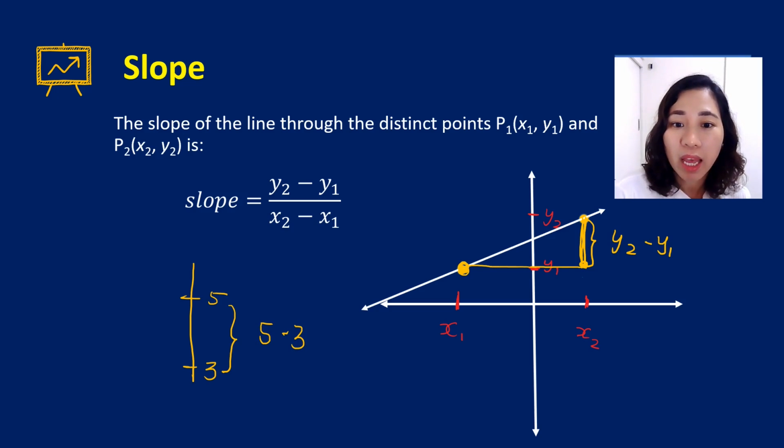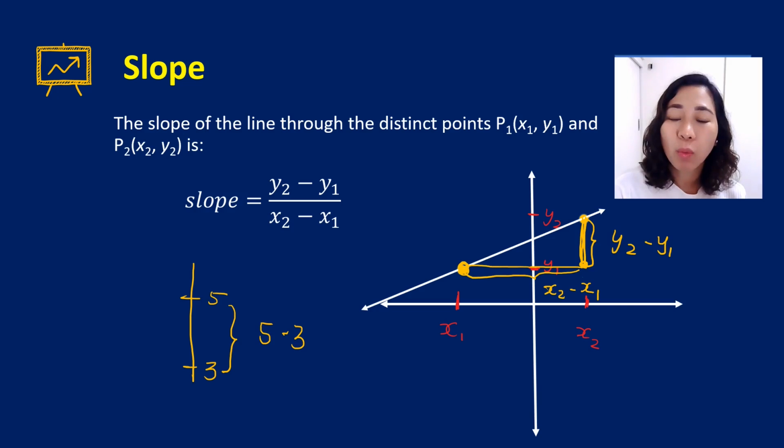Correct? Okay. And what is x2 minus x1? Graphically speaking, it refers to this line, the length of this line segment. This is x2 minus x1. And this y2 minus y1 is what you call the rise.